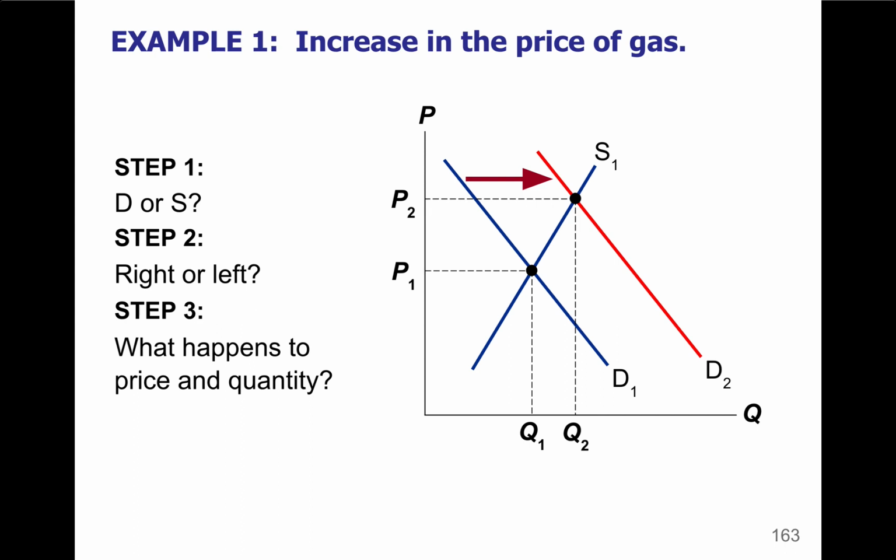So they're going to substitute with a form of vehicle that doesn't use as much gas. Substitutes and complements are shifters of demand. And of course, it's going to increase the amount of people who buy hybrid cars. This ultimately means that the price of hybrid cars in the market is going to go up, and the quantity both bought and sold will also go up.